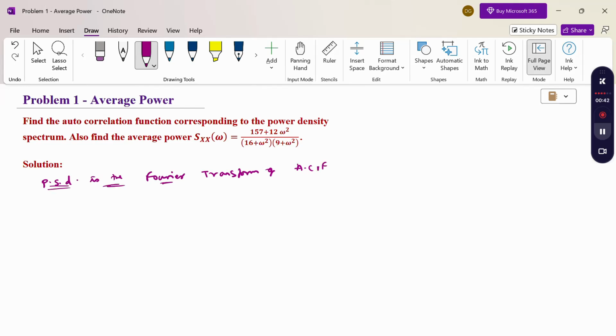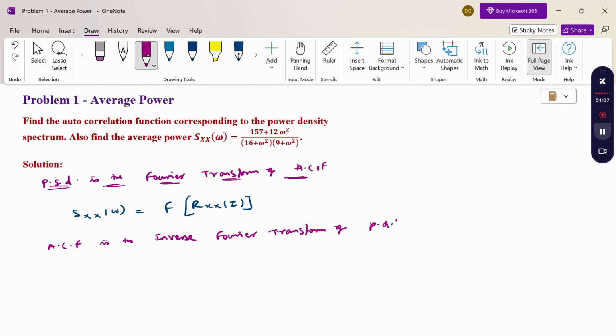So Sx of omega equal to Fourier transform of Rxx of tau, and the autocorrelation function is the inverse Fourier transform of the power spectral density function. Rxx of tau equal to Fourier inverse of Sx of omega.